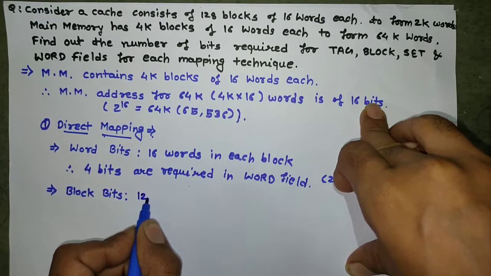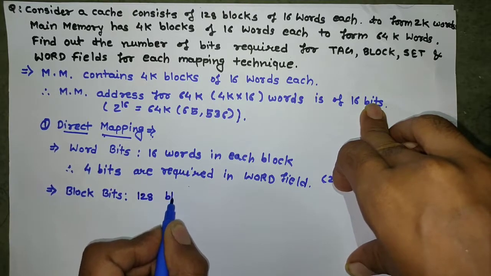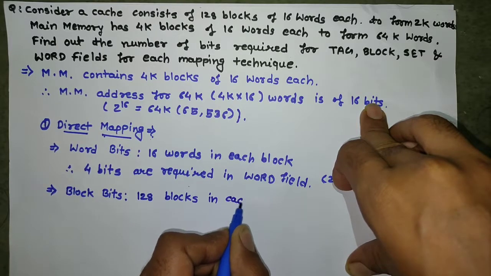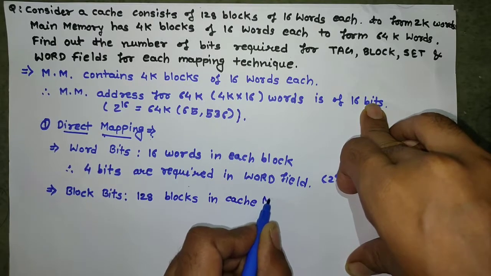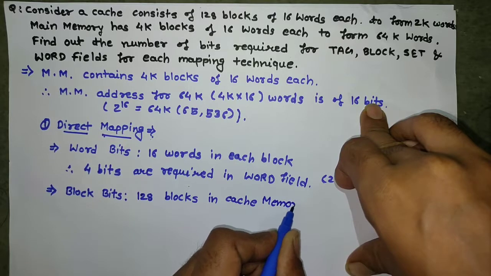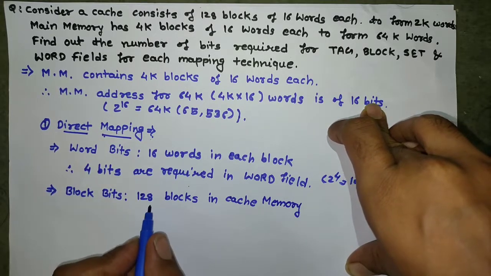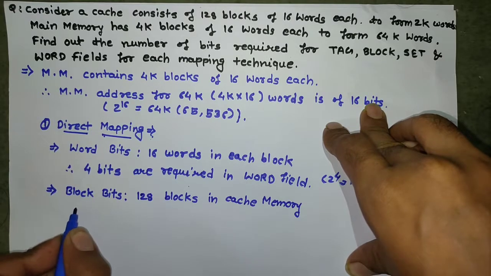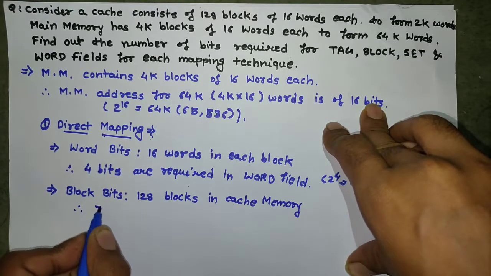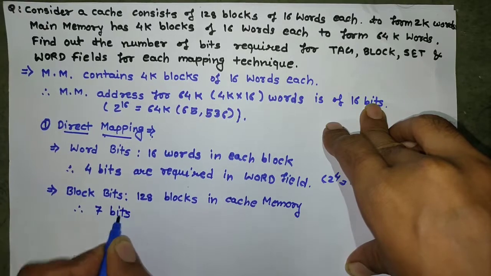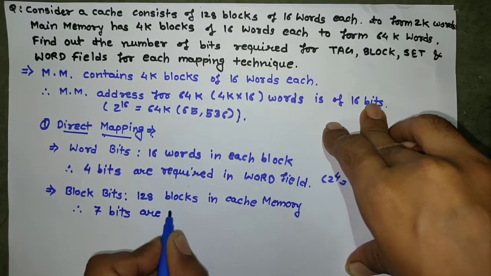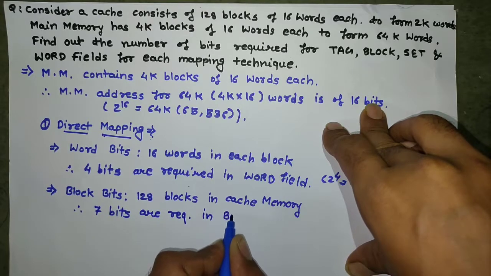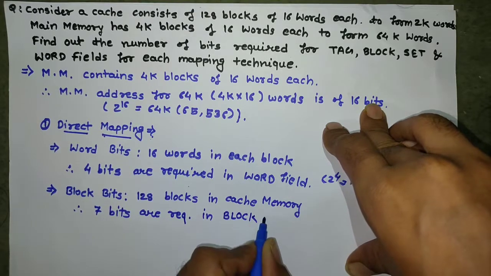There are 128 blocks in cache memory. So for addressing 128 blocks, how many bits are required? 2 raised to power 7 equals 128. So 7 bits are required in the block field.